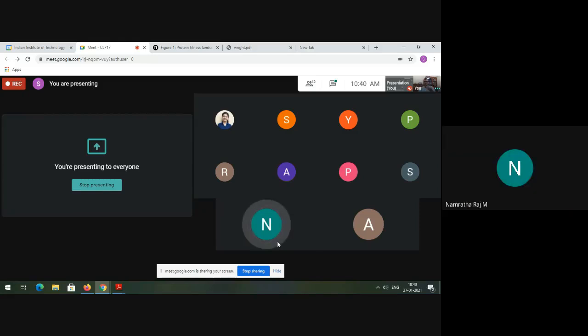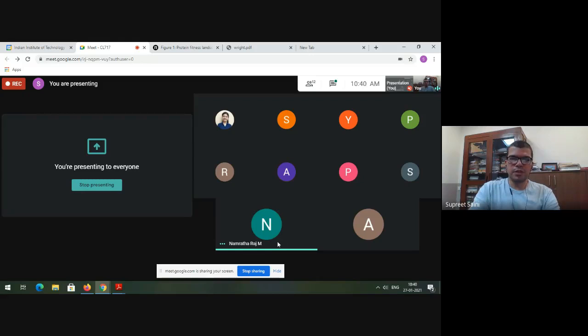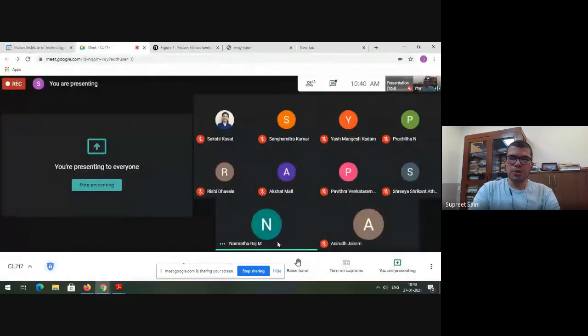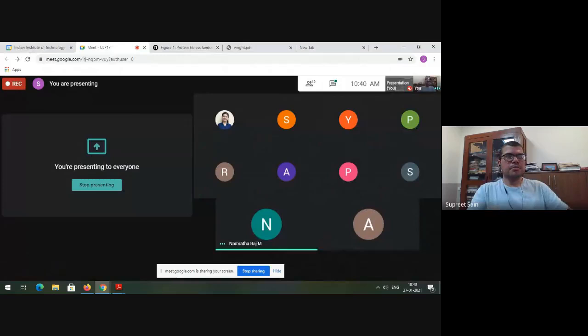So the curve need not be smooth, right? But we might be moving in the direction of the peak. It need not be smooth at all. Absolutely, smoothness is not a prerequisite.